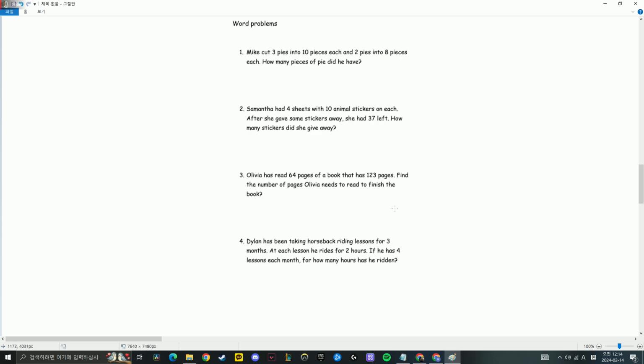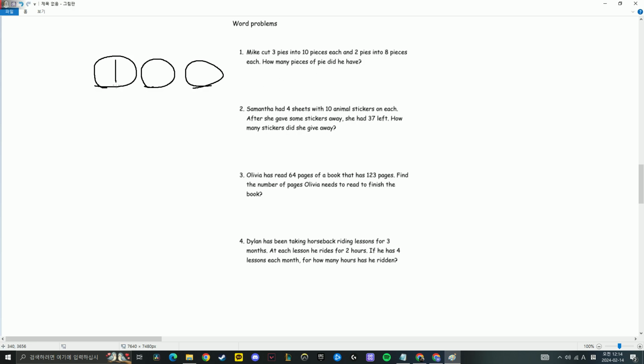Word problems. Mike cut 3 pies into 10 pieces each and 2 pies into 8 pieces each. How many pieces of pie did he have? Okay, so he cut 3 pies into 10 pieces each and 2 pies into 8 pieces.